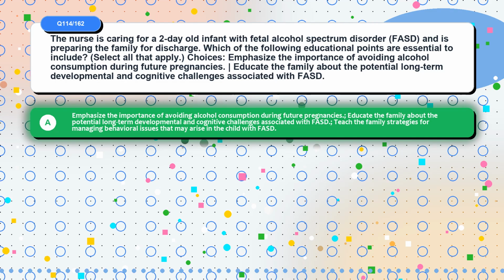The correct answer is option A. Emphasize the importance of avoiding alcohol consumption during future pregnancies. Educate the family about the potential long-term developmental and cognitive challenges associated with FASD.